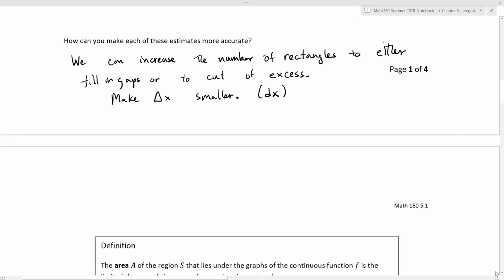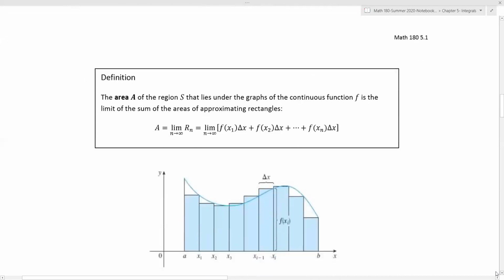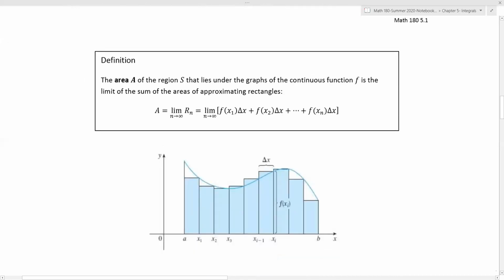Let's take a look here. The area A of a region S that lies under the graph of a continuous function f is the limit of the sum of the areas of approximating rectangles.